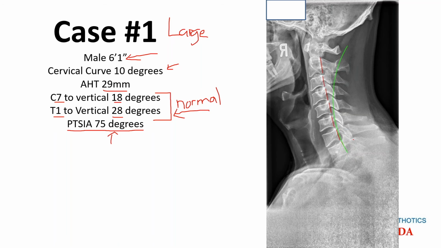In cases like this, when I have large anterior head translation and I want to bring the head back as far as I can, I want my peak low down. So in this case, I'm putting my peak at T1, C7, so it allows curve to be induced, but also to reduce as much anterior head translation as possible. So large anterior head translation, peak low down to reduce that and improve curve. I'll show you some examples of where we don't place the peak there in a minute.